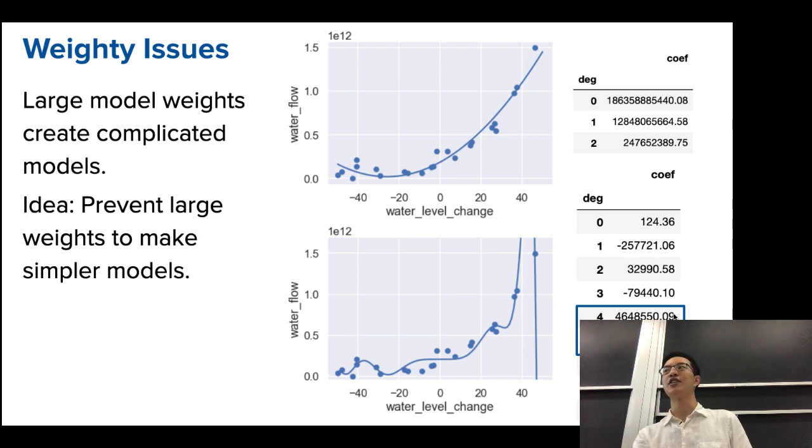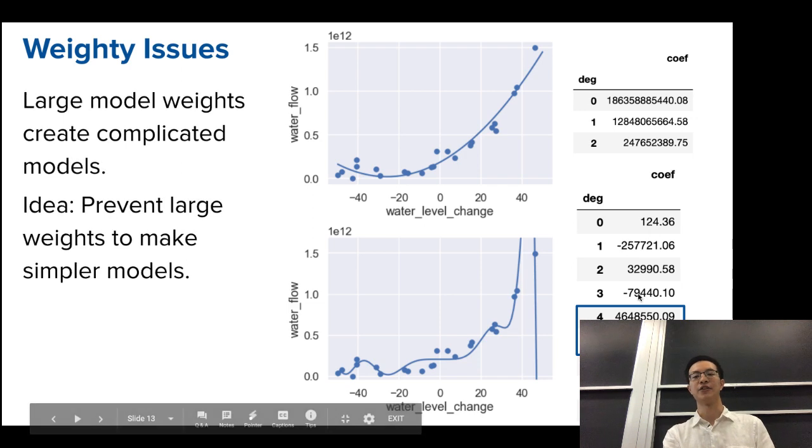In general, if you can nudge x a little bit and get really different predictions, it's probably a sign of overfitting. Another way of diagnosing the overfitting is that the coefficients for the higher degree polynomials are really high, and in fact higher than the rest of the coefficients.